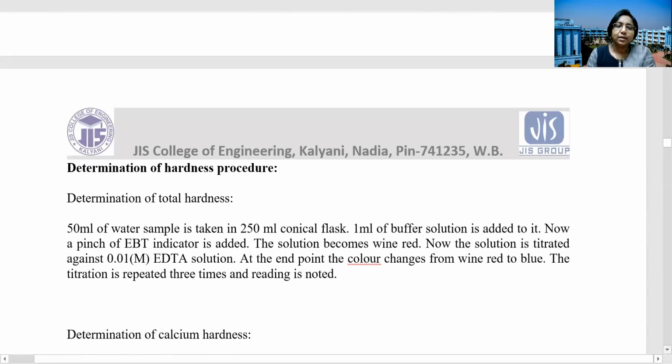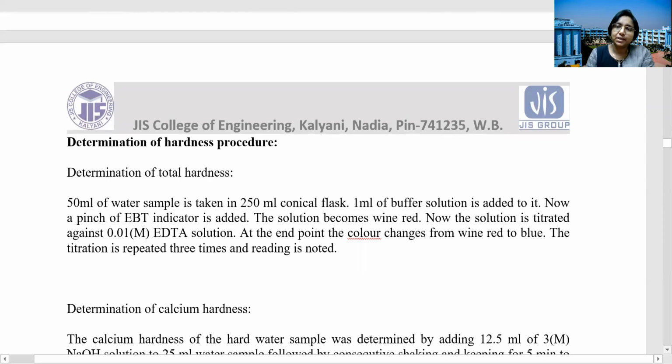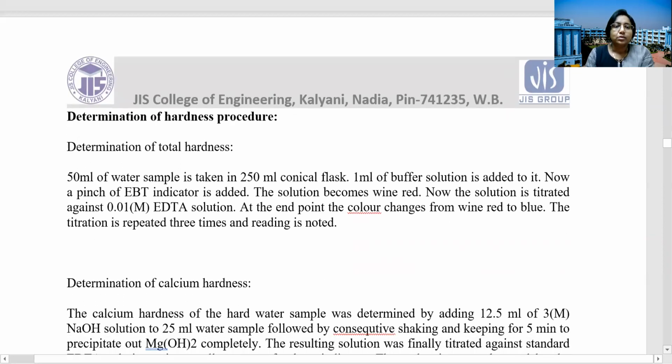We can determine the hardness in our chemistry lab. How can we do this? Say we want to calculate it for tap water. We take 50 ml of tap water in a conical flask, then add 1 ml of buffer and a pinch of EBT indicator.